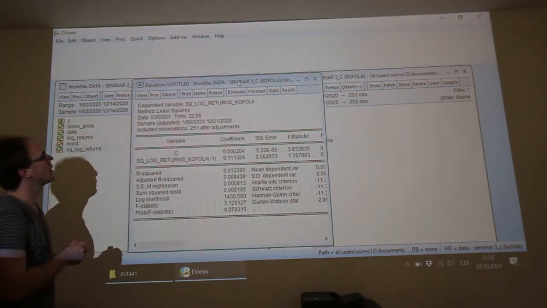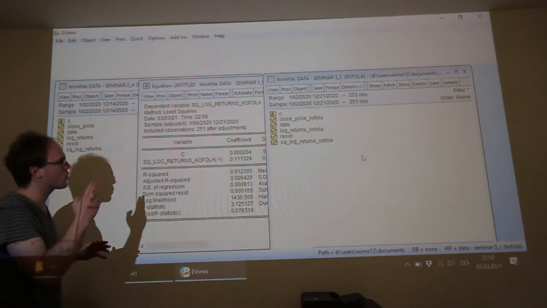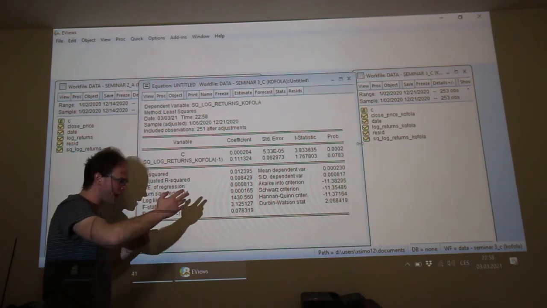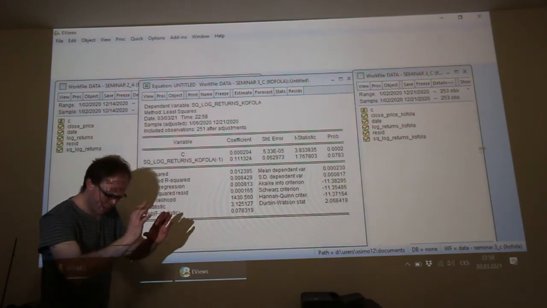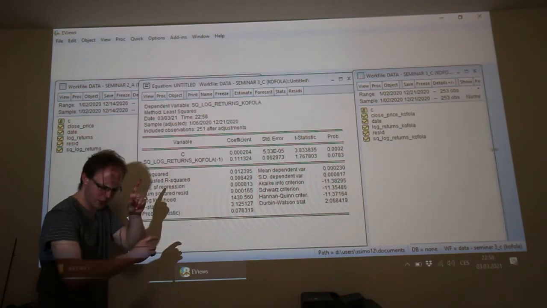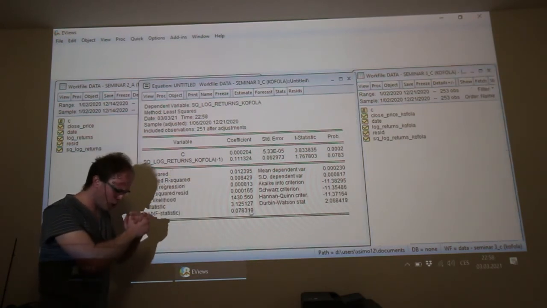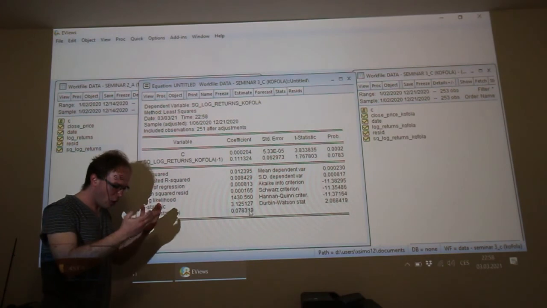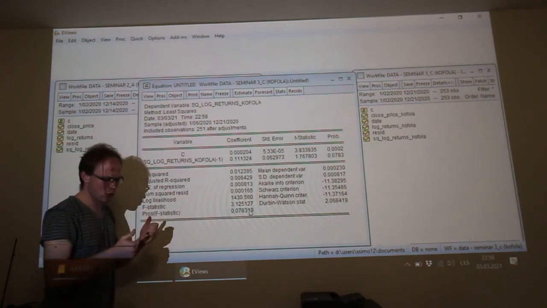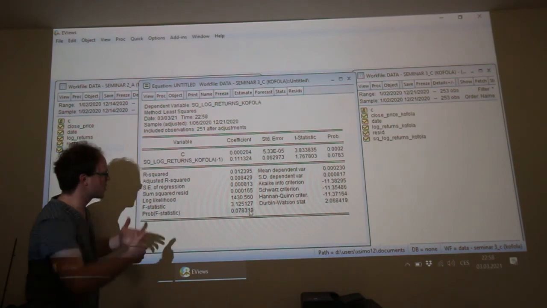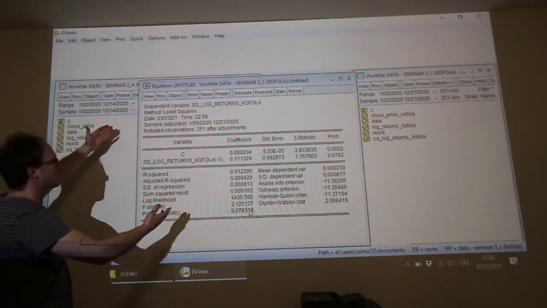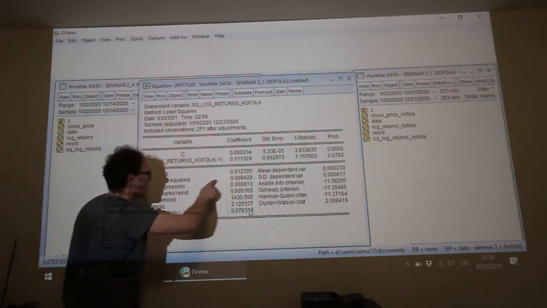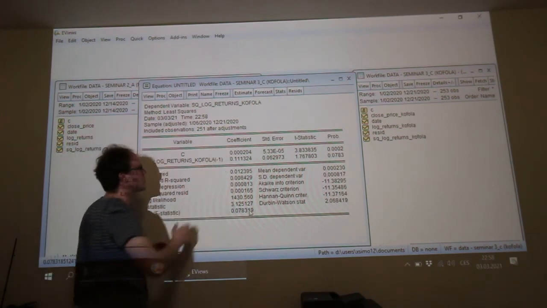Okay, so if you remember, in the case of the Cofola company, we had no dependence on the first position according to Ljung-Box Q statistics. There was no correlation of the first order according to the Ljung-Box test. So we'll check this result again. You can see that we have here R squared and adjusted R squared of this model.